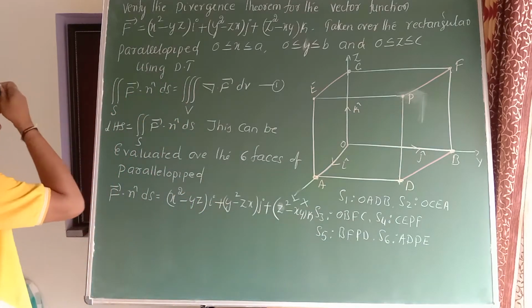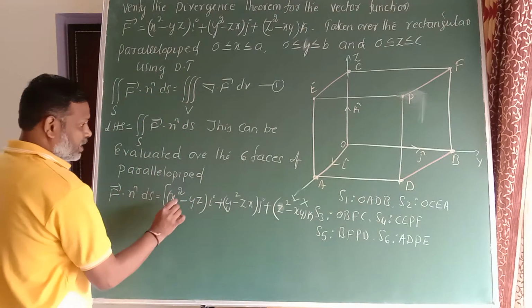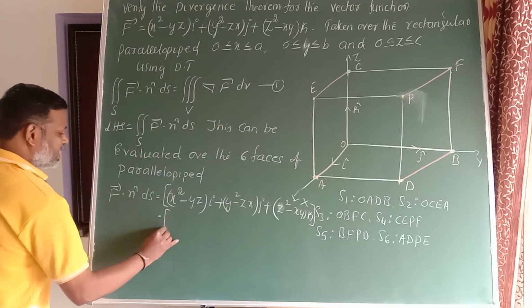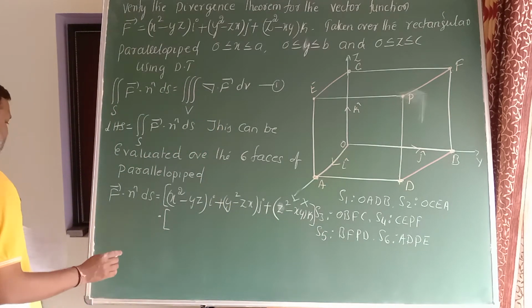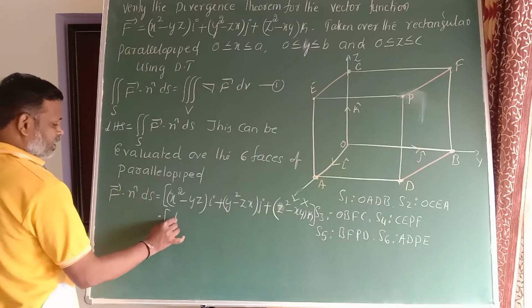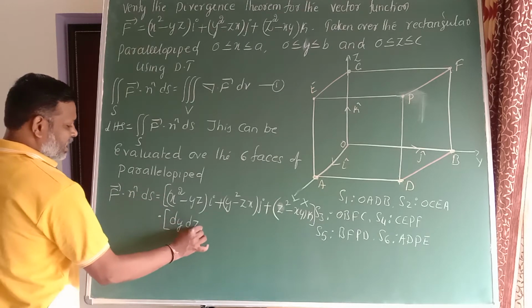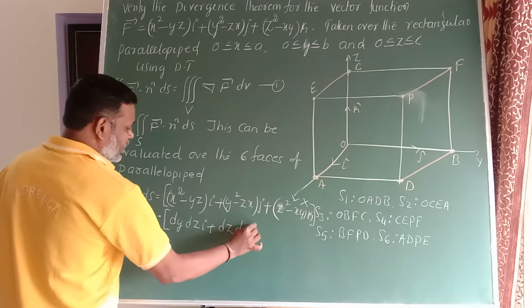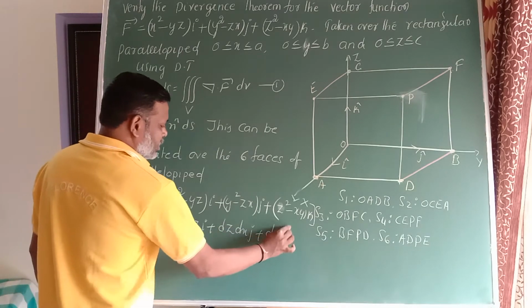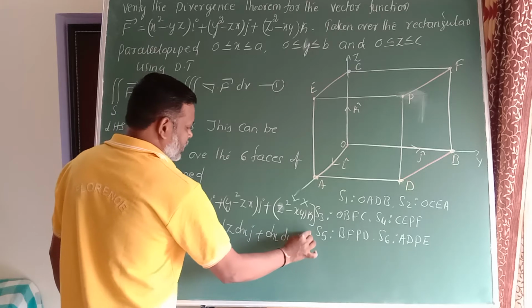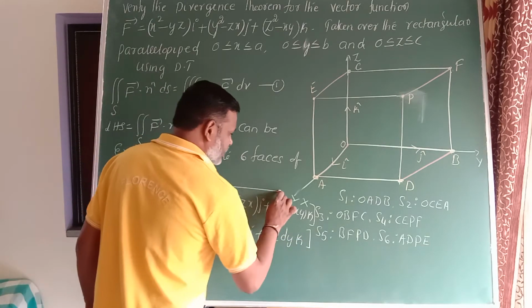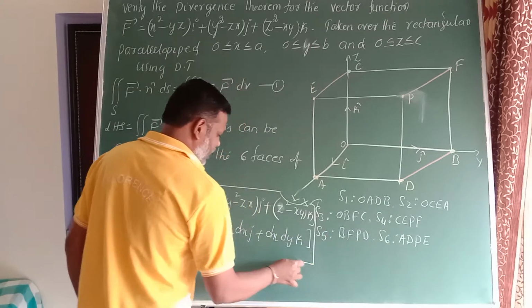This is F. And n cap ds is dy dz i cap plus dz dx j cap plus dx dy k cap. Keep this for reference. This is very much needed.